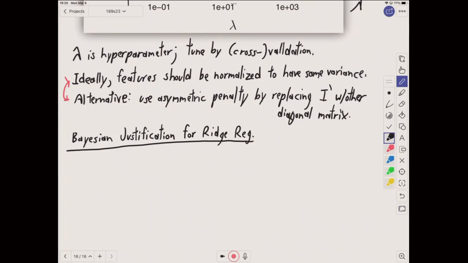I do not have time in this class to describe maximum a posteriori in any detail, and this is probably the only application of it that I'm going to give in lecture. So I will not linger on this, but here's the rough idea. Our model is going to be, I don't trust big weights.